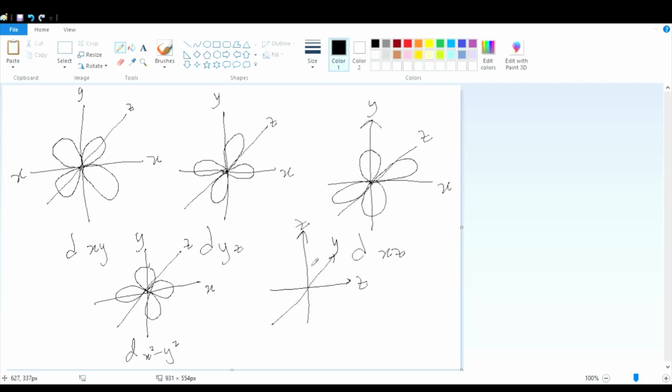So we need to draw the loop on the z because it is dz square, and you have to draw a loop. This is called a loop, a special feature of dz2, dz square. So that's how you draw the d orbitals.